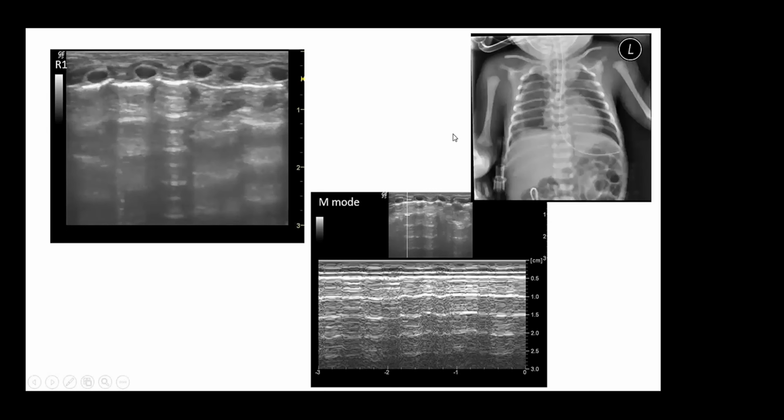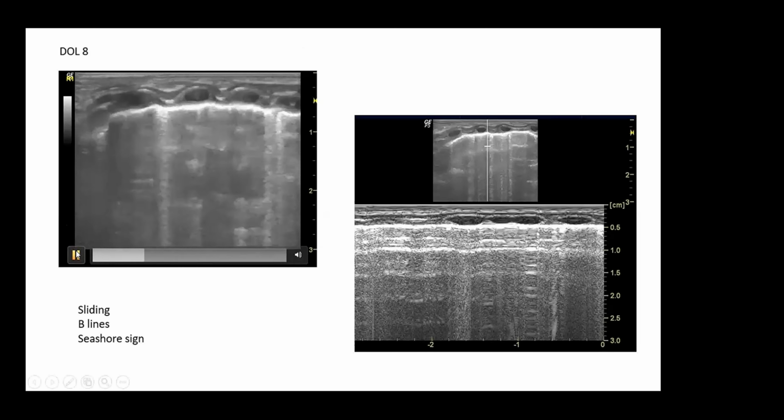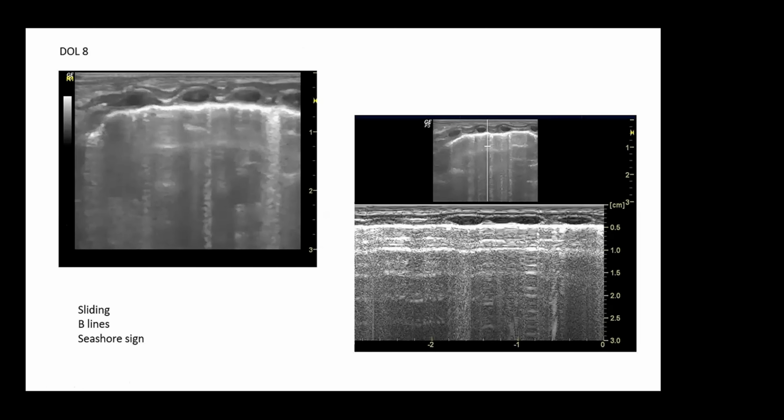So this was the X-ray. And we confirmed that there is a pneumothorax on the right side of the chest. And just to say that some days later, I repeated the scan and it was great. Lung sliding, no lung point, and the baby was fine.